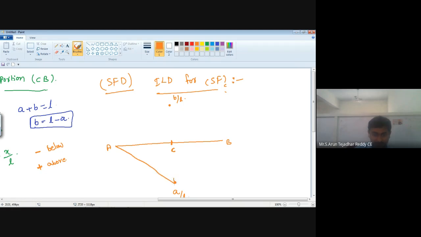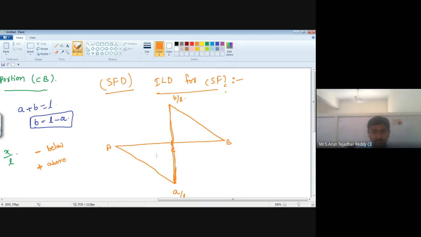Then at shear force C, again we got a positive value, so it is above the beam. Just join all the points.